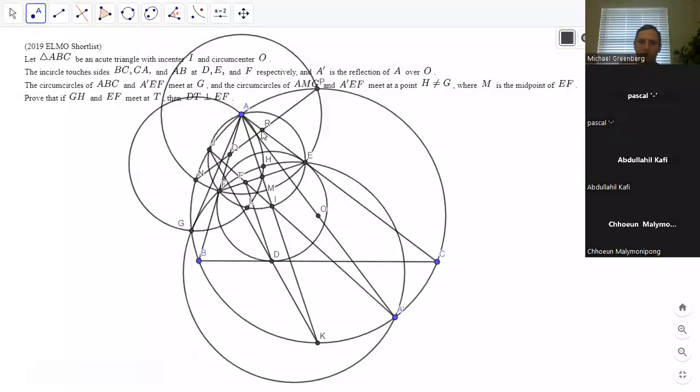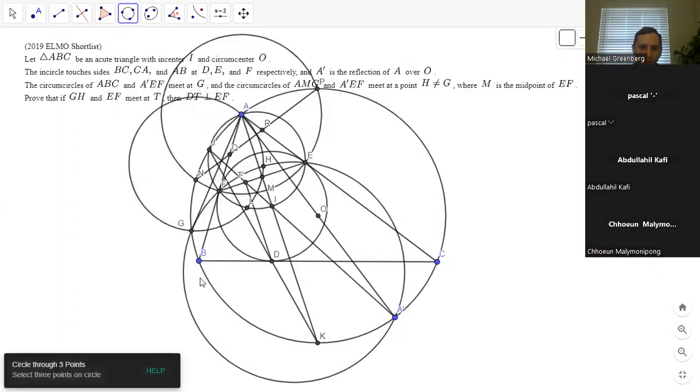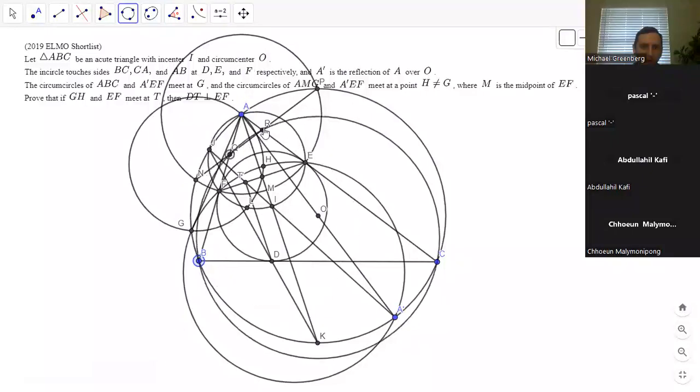So can I show that AQ times AB is AF squared? And then that would mean that this is cyclic. I think triangle AQN is similar to ABN, so I think that would prove it. And I think that is just an angle chase.